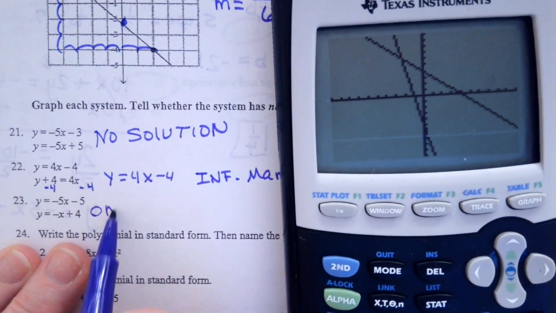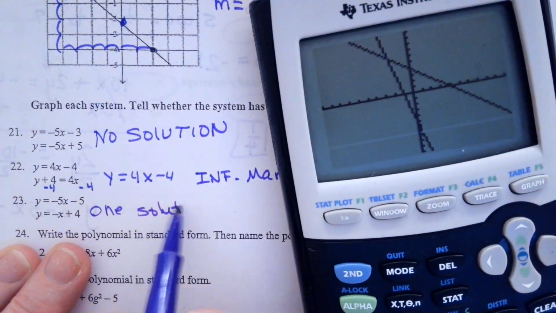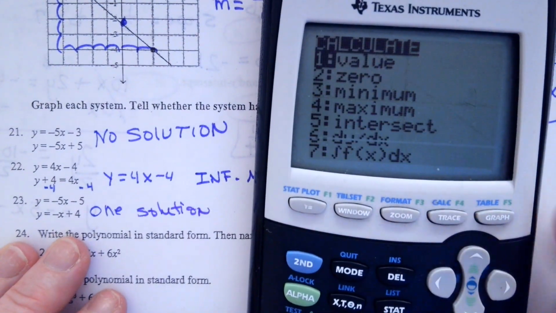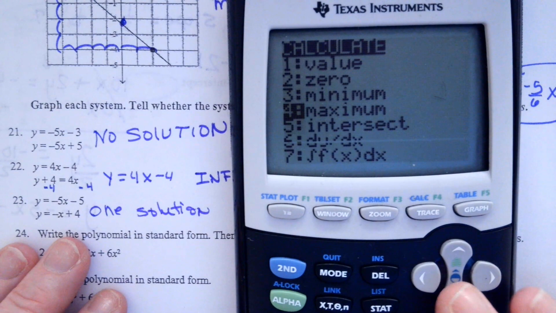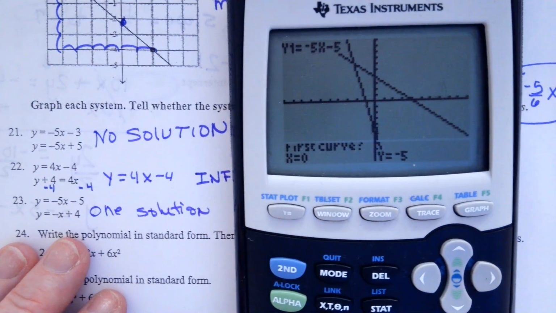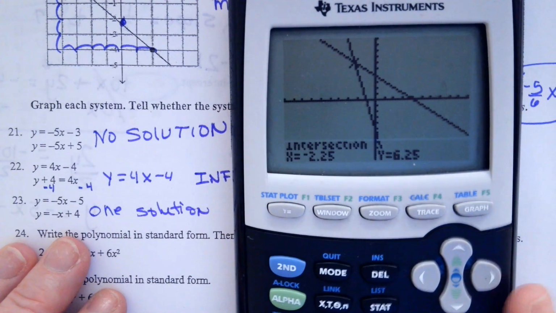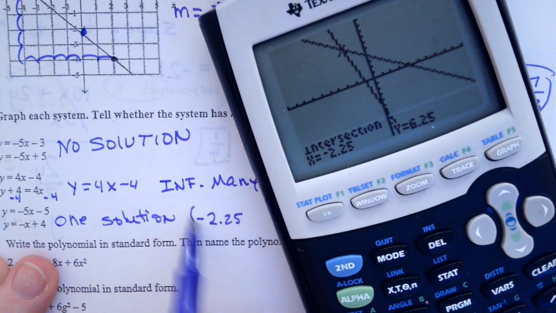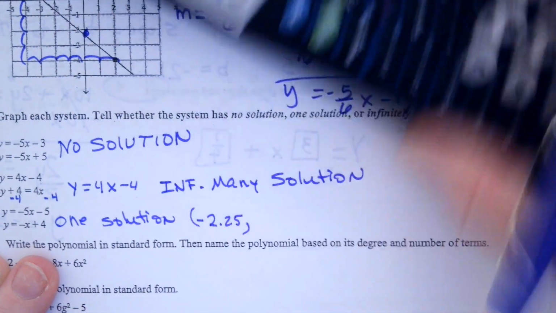So we're going to have one solution, and we're going to have the calculator tell us where it is. We want the calculator to find the intersection of line 1 and line 2, and that intersection is at negative 2.25, comma 6.25.